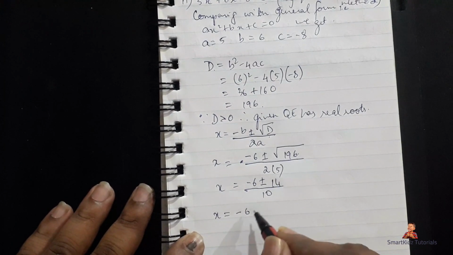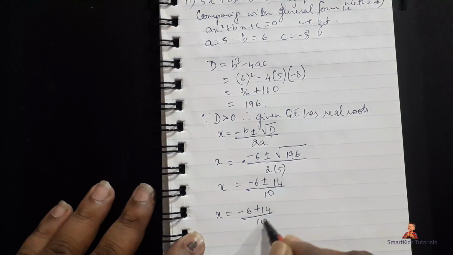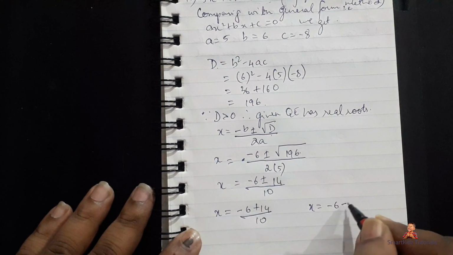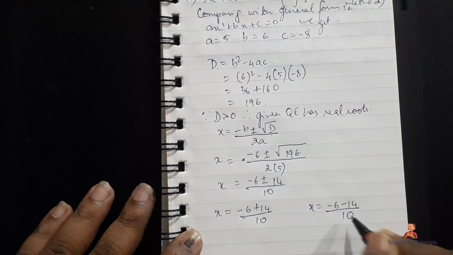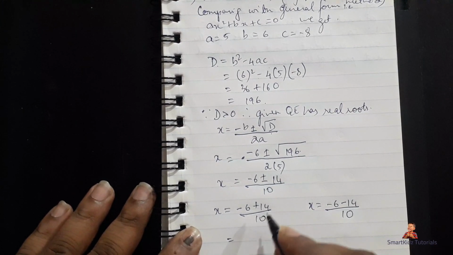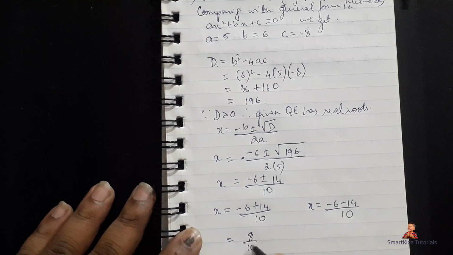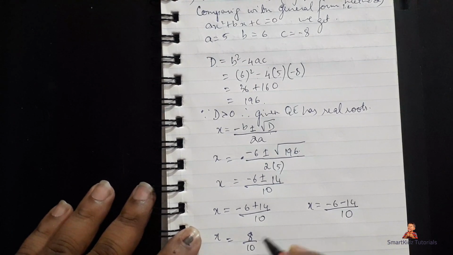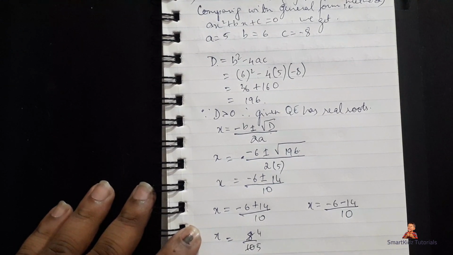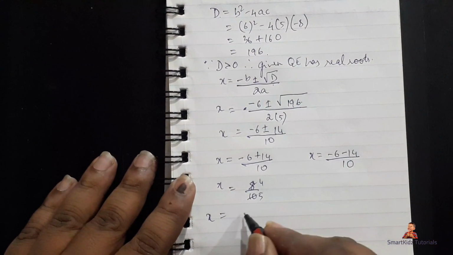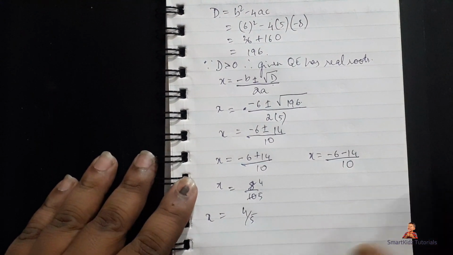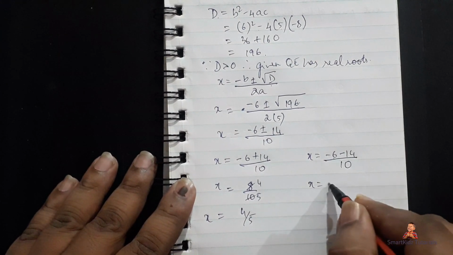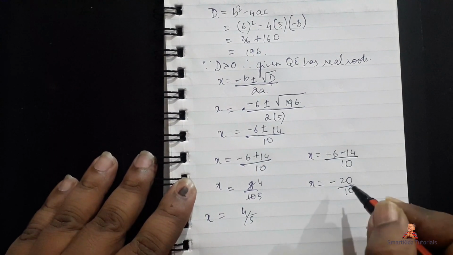x equal to minus 6 plus 14 upon 10, or we can write x equal to minus 6 minus 14 upon 10. Minus 6 plus 14 gives us 8, 8 upon 10. Calculating this further, 2 4s are 8, 2 5s are 10, which means x is equal to 4 upon 5. Over here x is equal to minus 6 minus 14 gives us minus 20 upon 10.